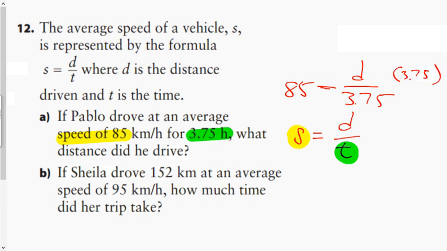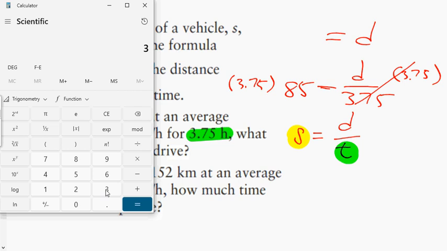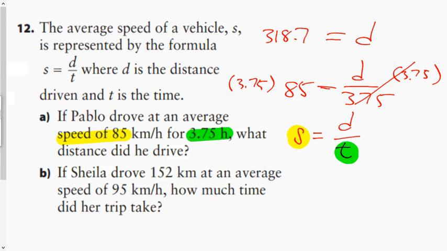So I'm going to multiply both sides by 3.75. And I will isolate d to be the product of 85 and 3.75, which means that is my solution for d.